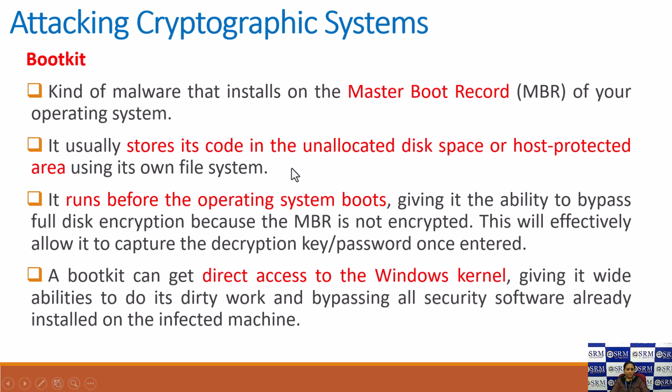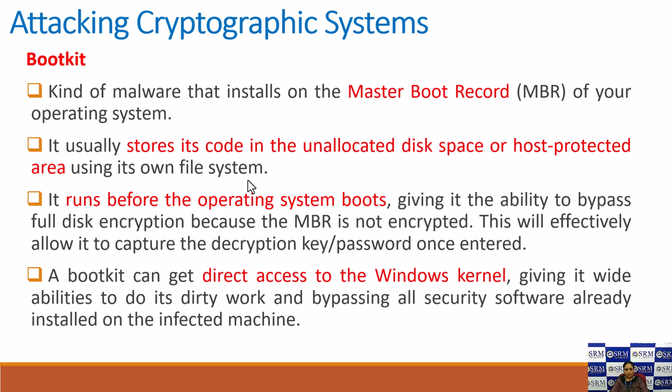The next are bootkit and rootkit, which are hardware attacks. A bootkit is a kind of malware that installs on the master boot record. The keyword to remember is the master boot record of the operating system. From the term boot, it is once the operating system gets booted up that this attack starts.